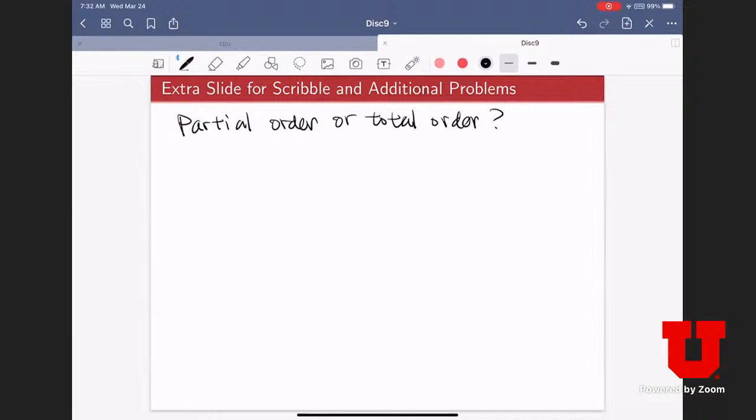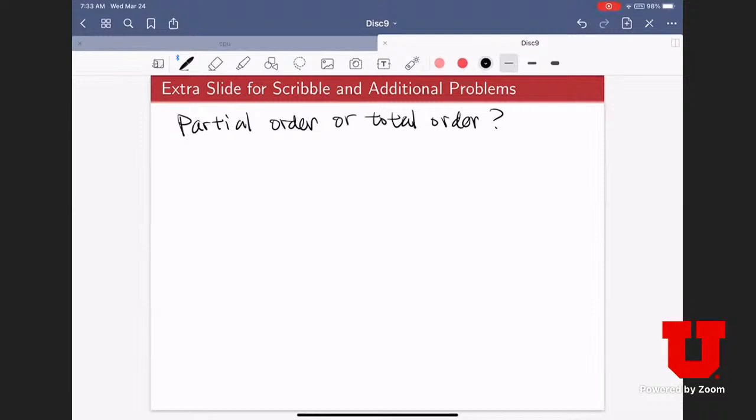Wouldn't it be a total order because when A divides B for all the values in S, we found that B doesn't. Oh wait, maybe not. Never mind. I think I mixed it up. Okay, so let's talk about this one.